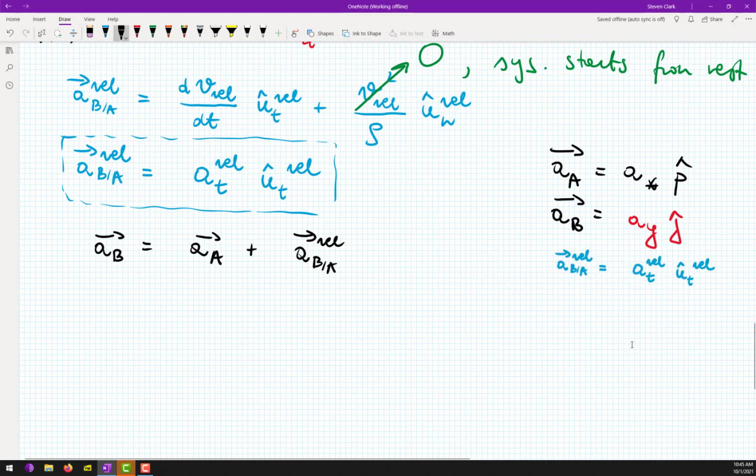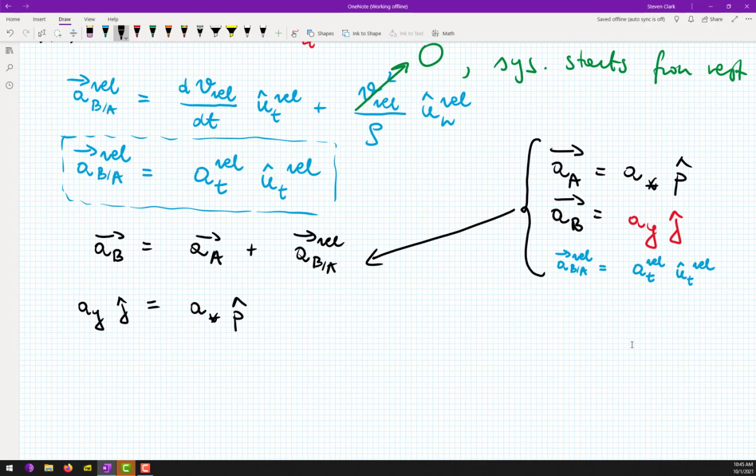Okay, let's plug these three in here. So we will have AB j equal to A star P plus AT rel UT rel.